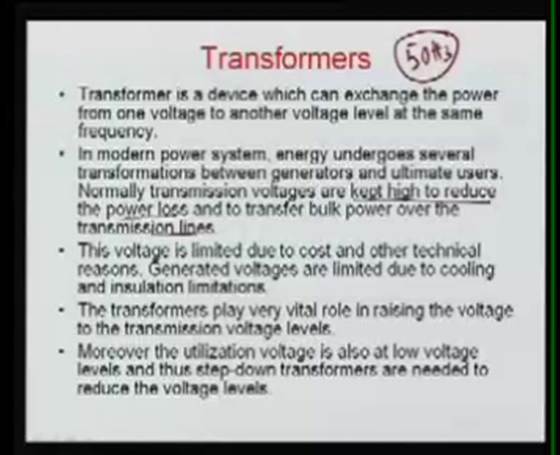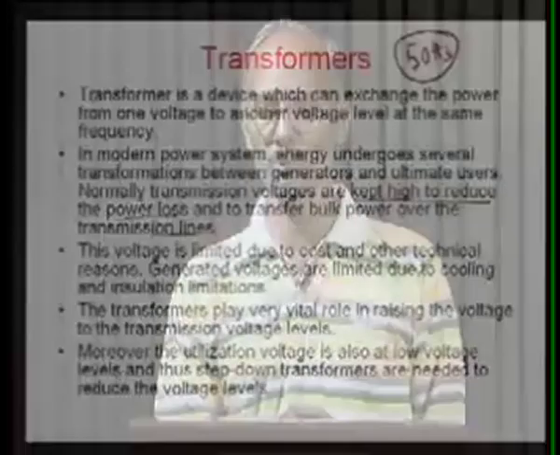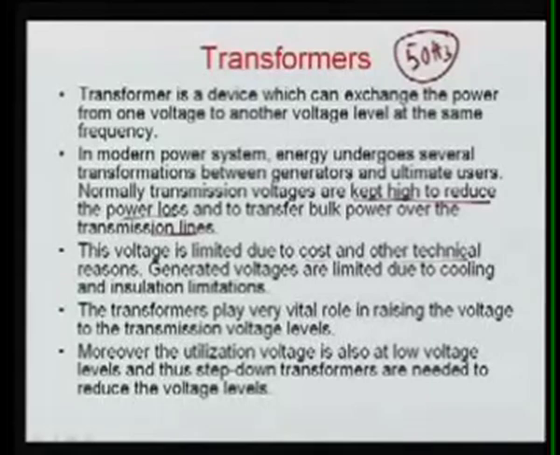It is not only loss, to go for higher power as well, we have to go for high voltage. This voltage is limited due to the cost and other technical reasons, meaning you cannot go for very, very high voltage, you cannot go for several millions of kilovolt. We can go only up to a certain level, and the limitation is your insulation, the right of way, and again the cost of your transmission towers, wires, and other losses associated with that.